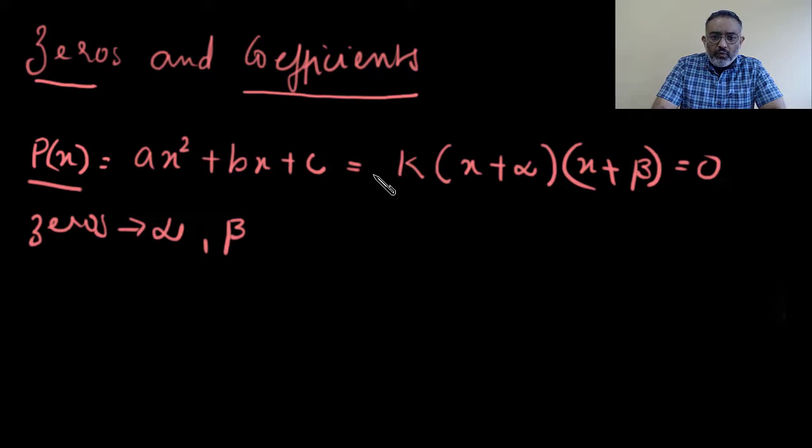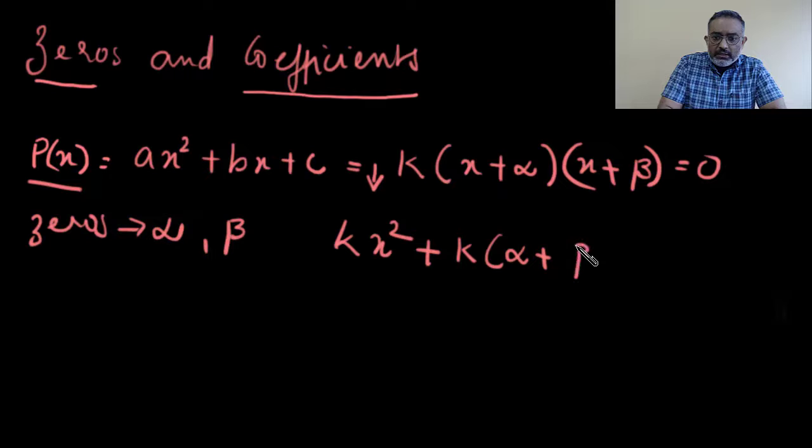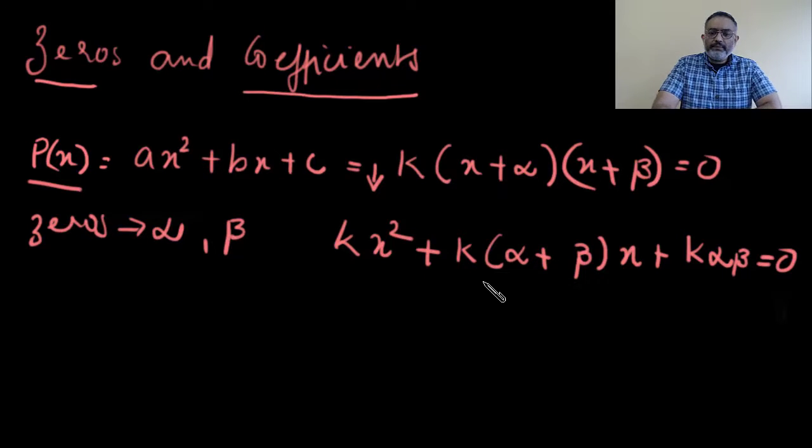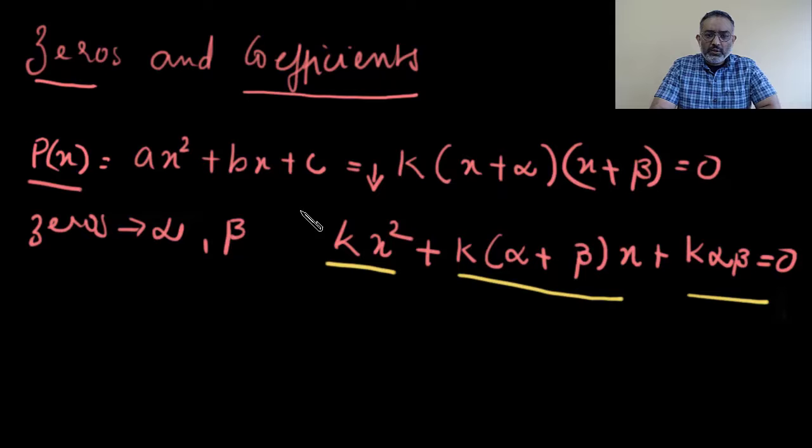Now, let's expand this equation further. If you do this at home, you're going to get k times x squared plus k times alpha plus beta of x plus k alpha beta equal to 0. What we are trying to do here is find similarities between these three terms and the original equation.